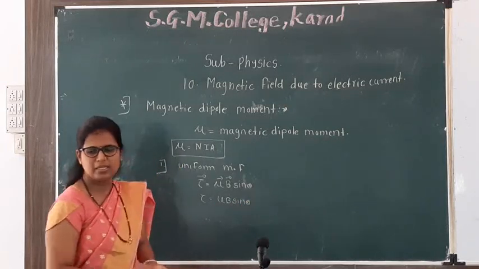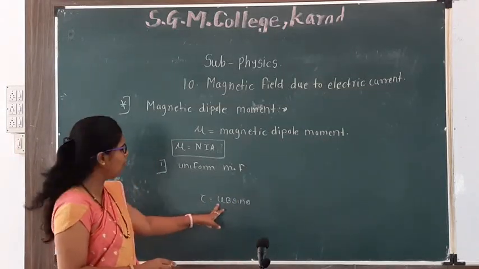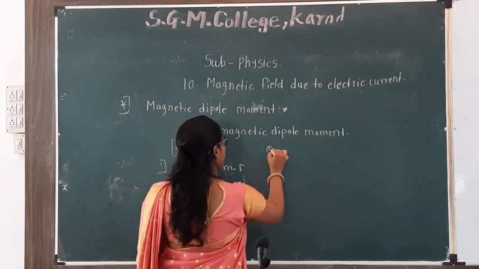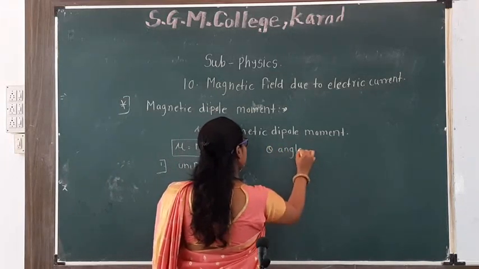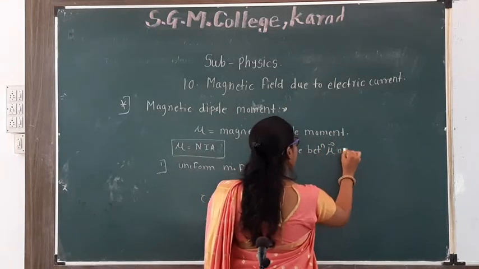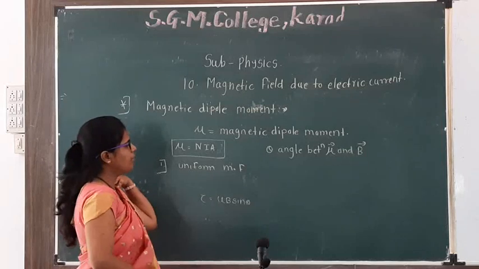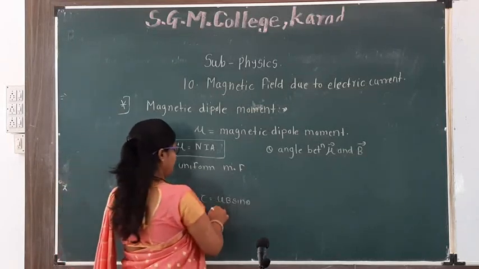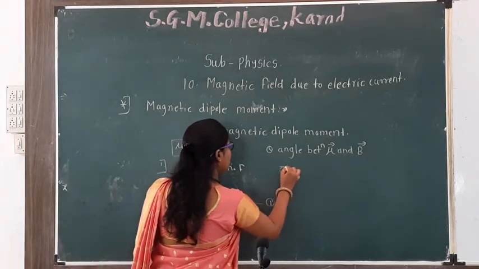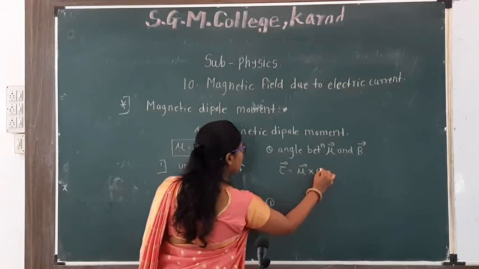Here theta is the angle between vector mu and vector B. In vector form, we can write vector tau is equal to vector mu cross vector B.